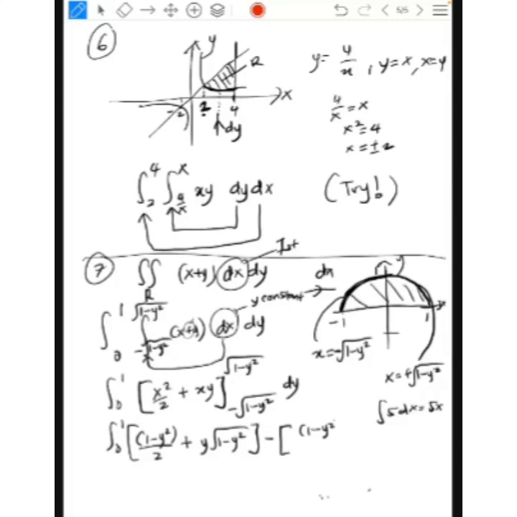So the square root will be the square root and the square, it will cancel out. Plus minus y square root of 1 minus y squared dy.